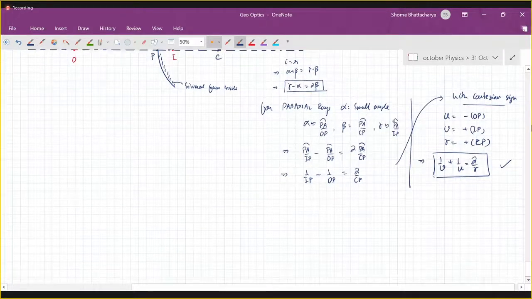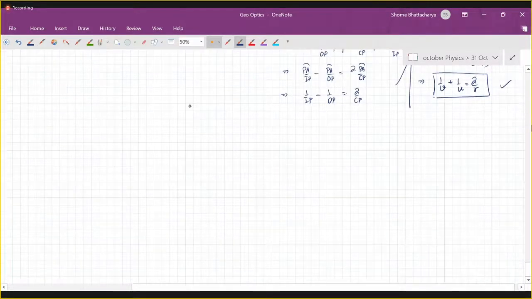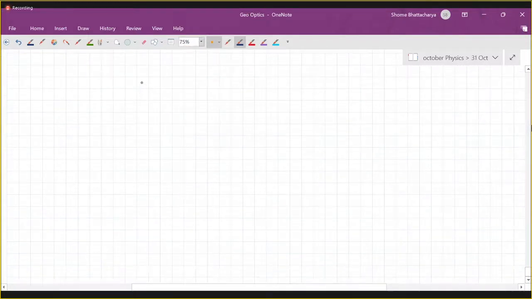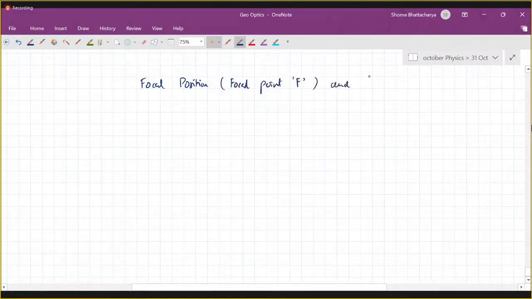Okay, so now from this, let us interpret focal position or focal point F and focal length for a mirror.